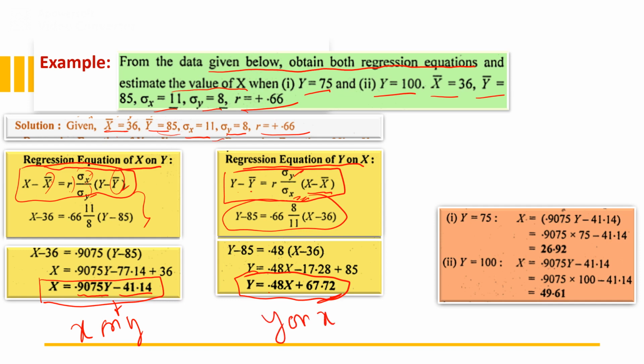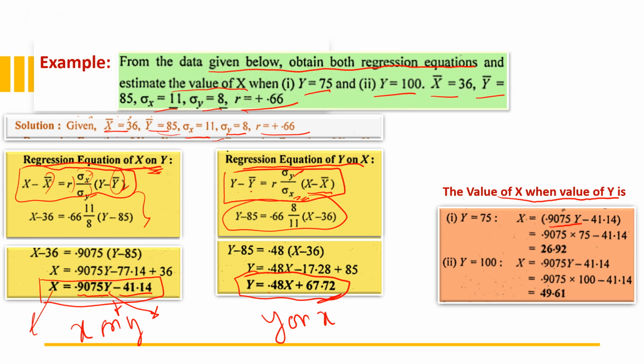Now we have to find the value of x when the value of y is given. So we take the regression equation x on y. Here x = 0.9075y minus 41.14. Because we take the regression equation x on y, here y is the independent variable and x is the dependent variable.